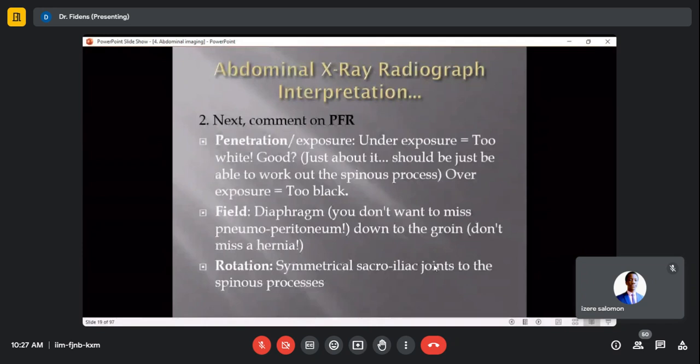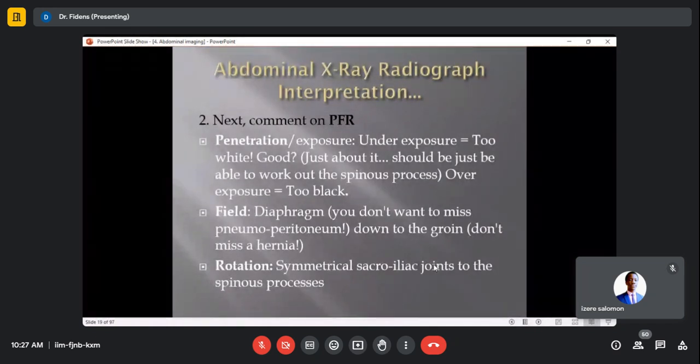And also remember that the pelvic bone should be included in the film so that you don't miss pelvic pathology, especially hernia, and check if there is no rotation by comparing the distances from the sacroiliac joint to the spinous process line. Okay, is it clear?